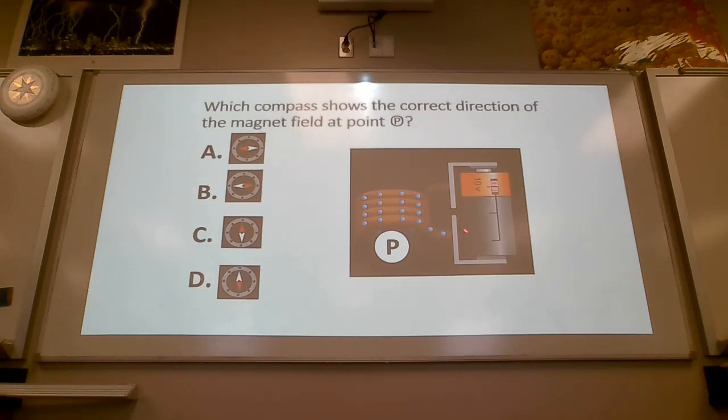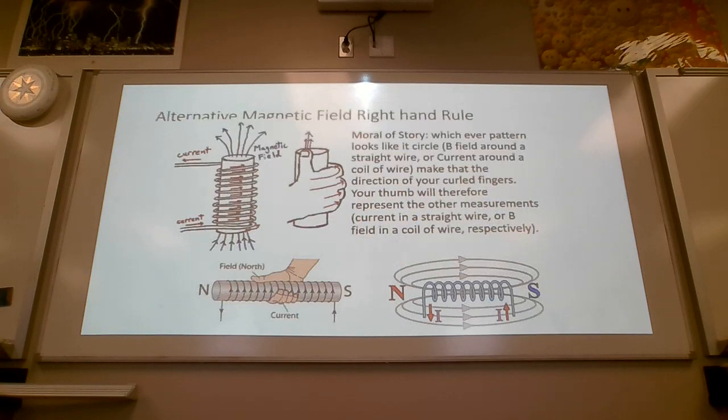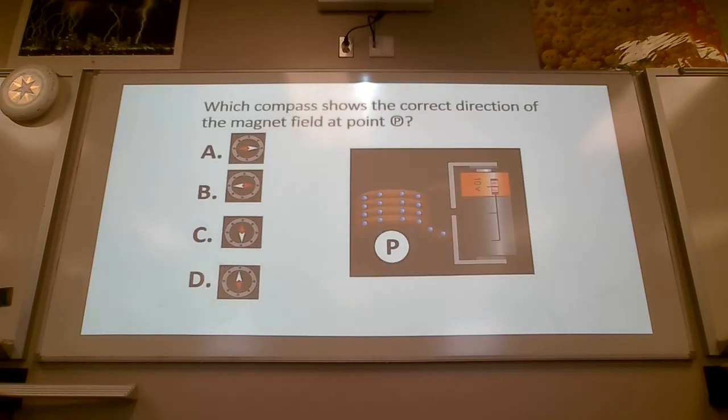I'll just give you a hint. The side with the bump is the positive. Tell your neighbor.